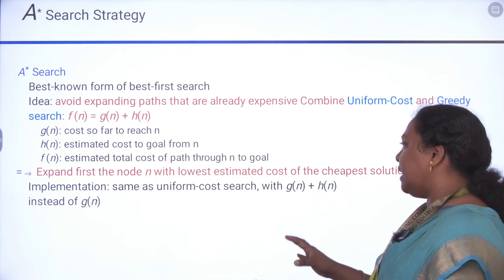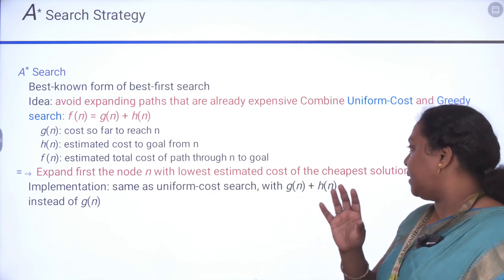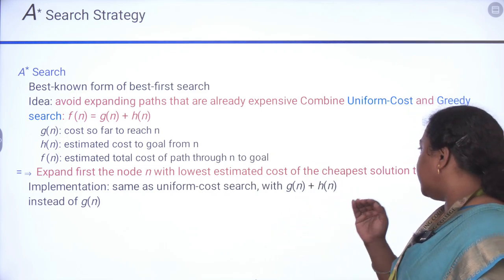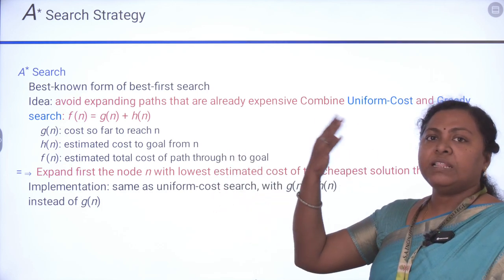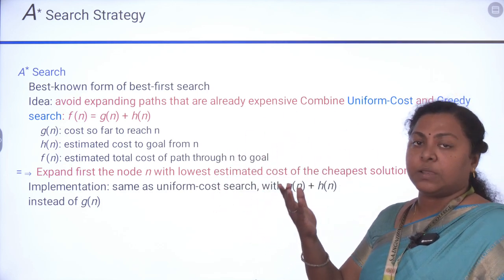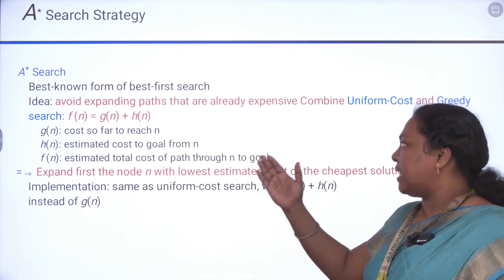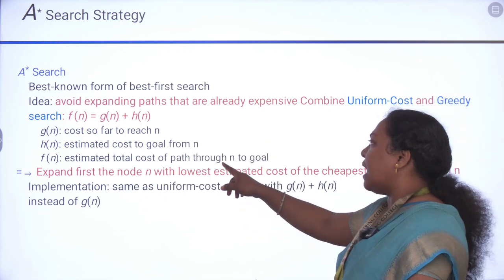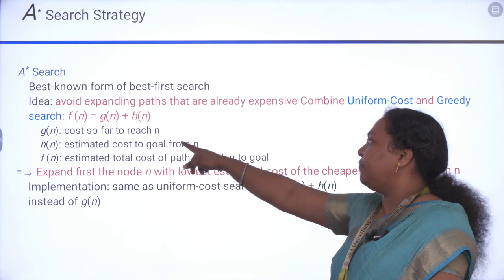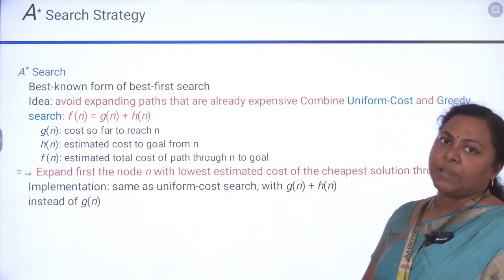So the main idea here is to expand the node which has the lowest estimated cost of the cheapest solution. But in the case of the greedy best first search, g of n is zero, so f of n is equal to h of n. In this case, as both the values are different, we have an evaluation function of f of n equal to g of n plus h of n.